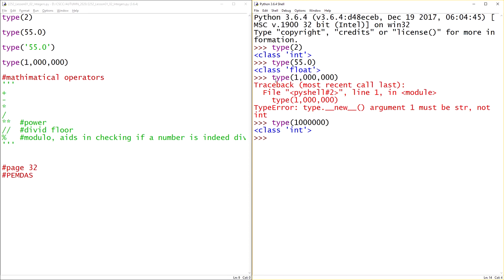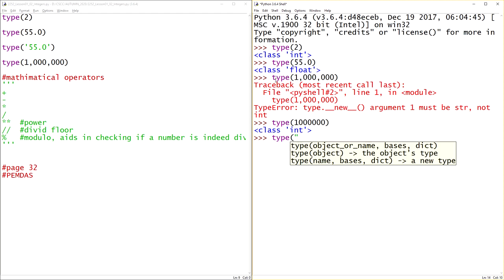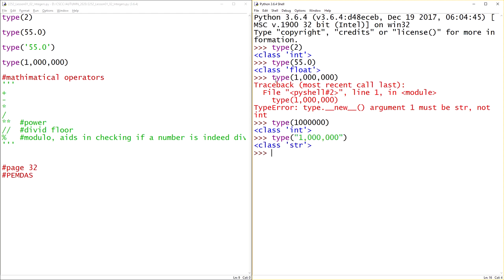Now, that tells us it's an integer, but if we did it with commas and wrapped it in quotes, we notice it's a string. So just keep that in mind. Do you want the representation of an integer, or do you want the value? In this case, we're going to be working with the values of integers.